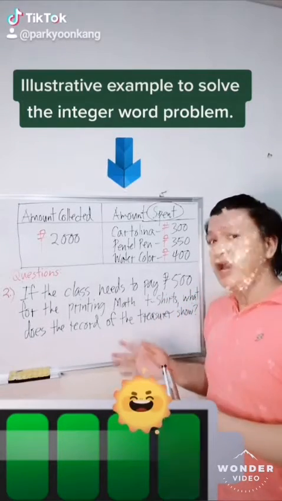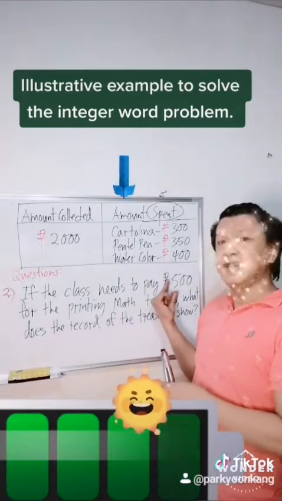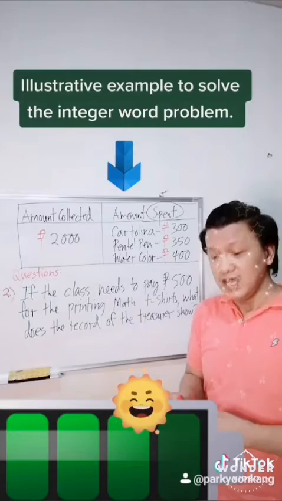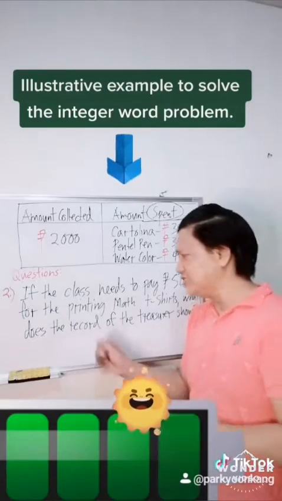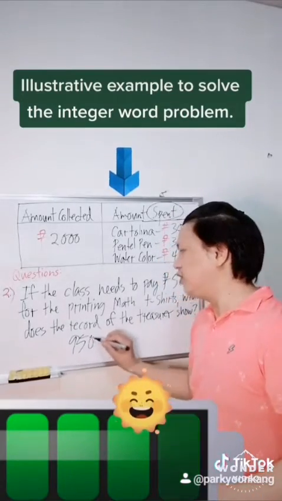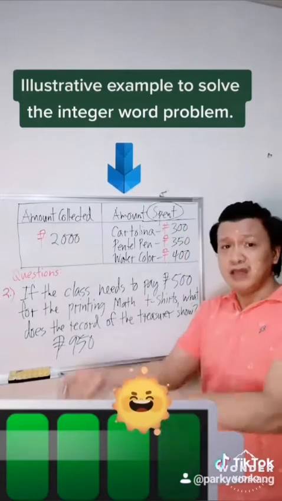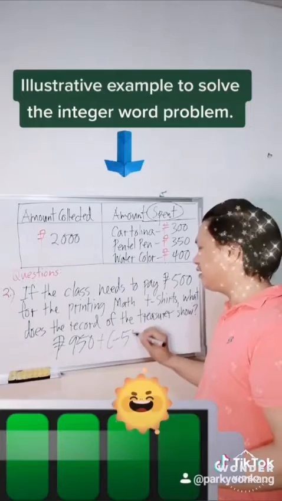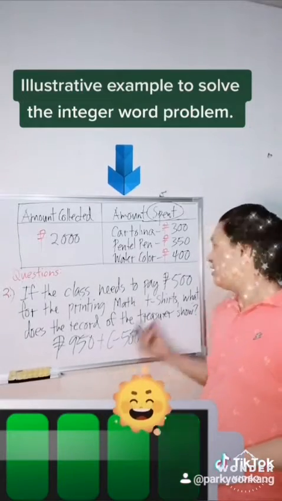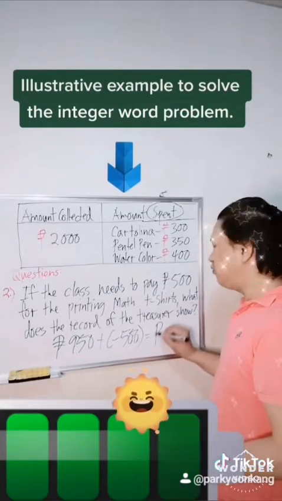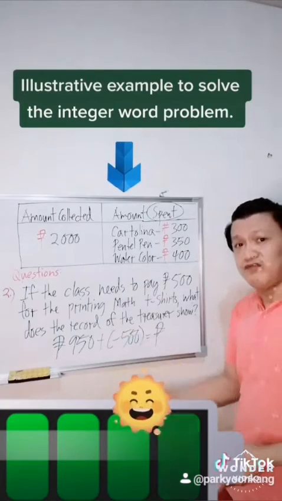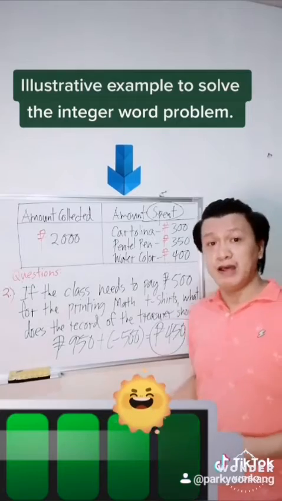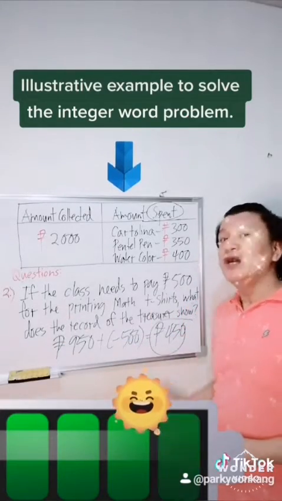Just simply, you are going to subtract 500 pesos from the remaining, which is the 950. Just simply 950 pesos, this is the remaining in the class fund, minus, or just simply plus negative 500, because this is the amount of the t-shirt, and this is now the amount left. We have 450 pesos in the bank. That is now the record.